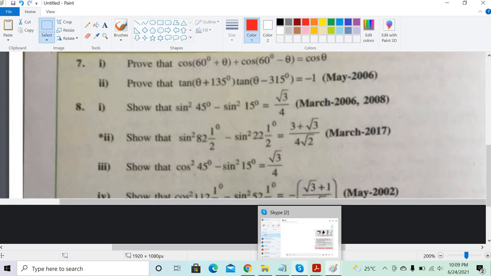Why don't you do one thing? See, doesn't it look like a square minus b square formula? Sine square something minus sine square something. So a square minus b square, so applies sine a plus sine b into sine a minus sine b. Isn't it?